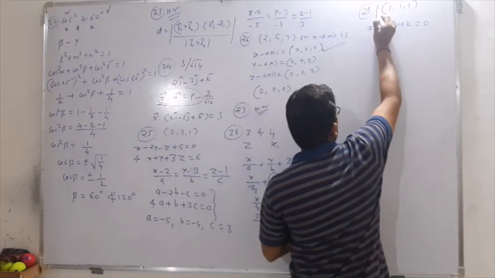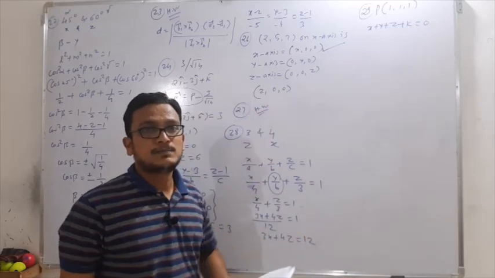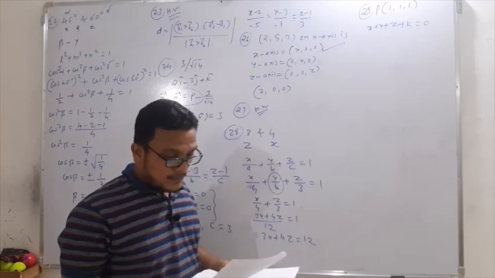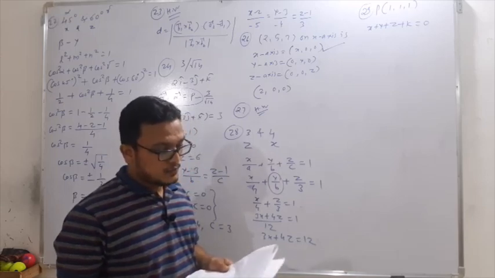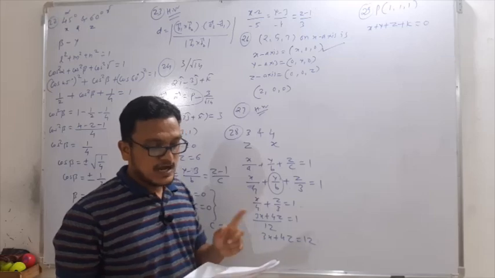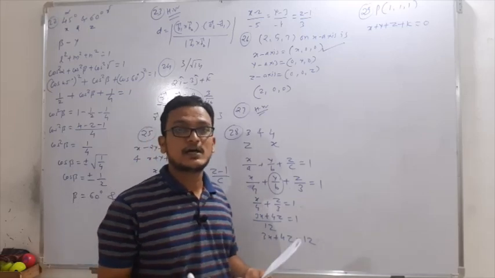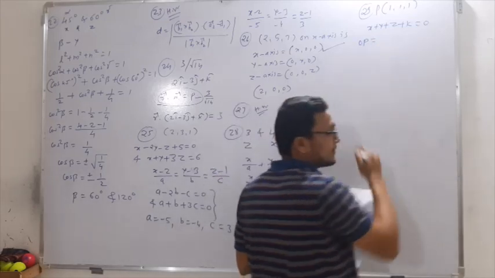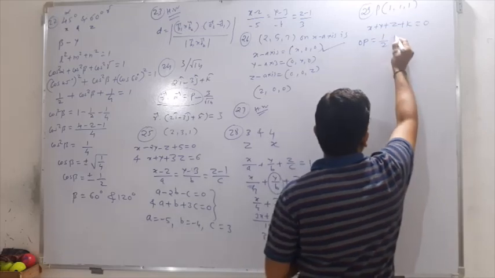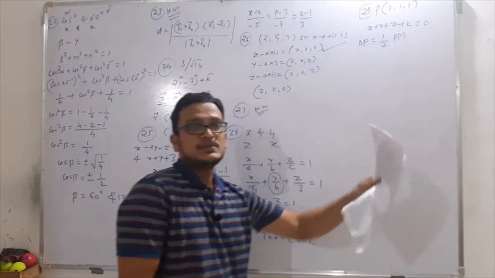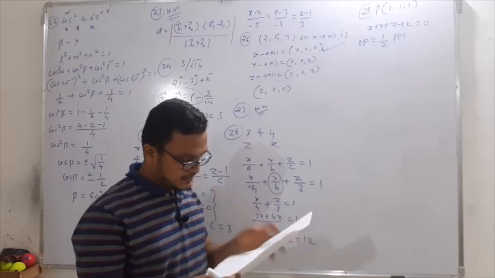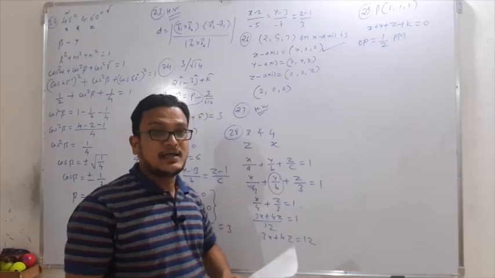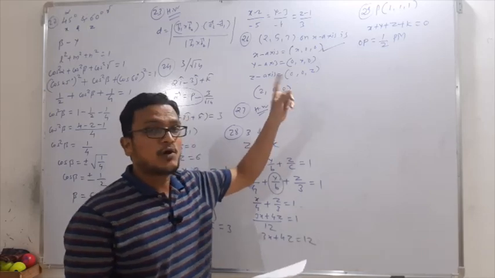See, suppose this point I will assume as P. What they have given is the distance of the point 1, 1, 1 from the origin is half of its plane. So this distance OP, because it is from the origin, will be half of PM. That PM is the perpendicular length from the plane.